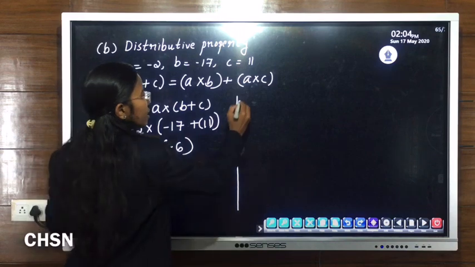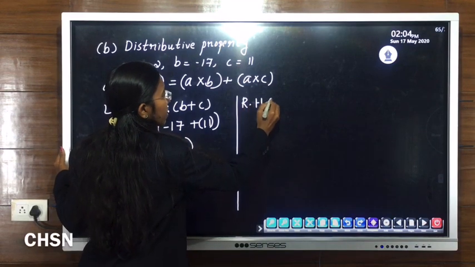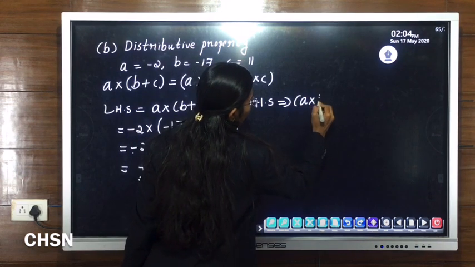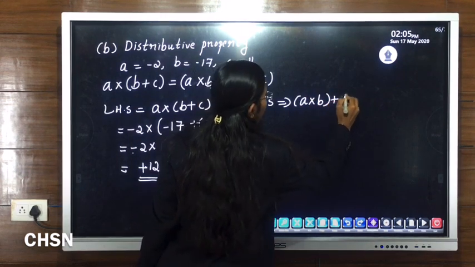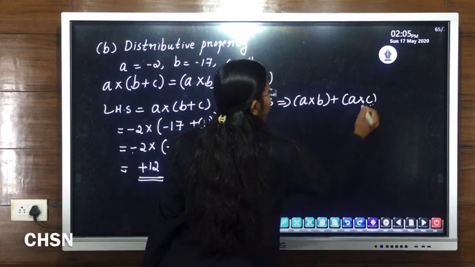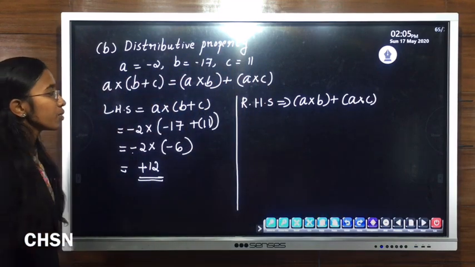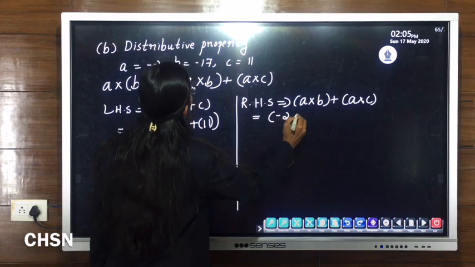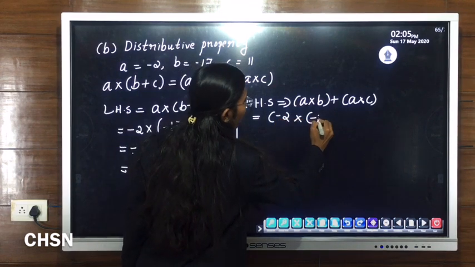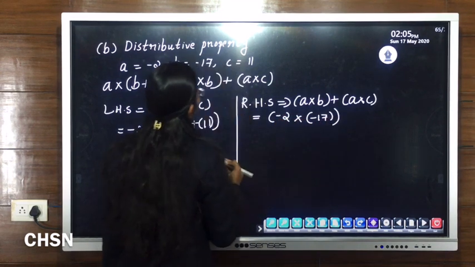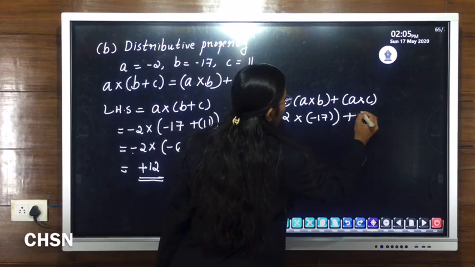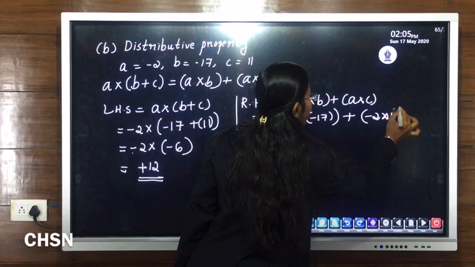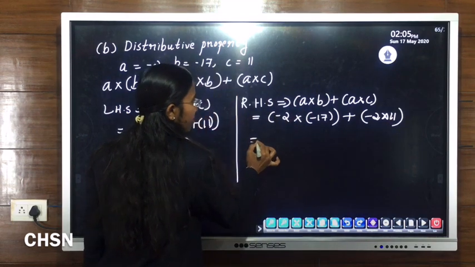And next, take our RHS. RHS is A into B plus A into C and substitute the values. A is minus 2 into minus 17 plus minus 2 into 11.